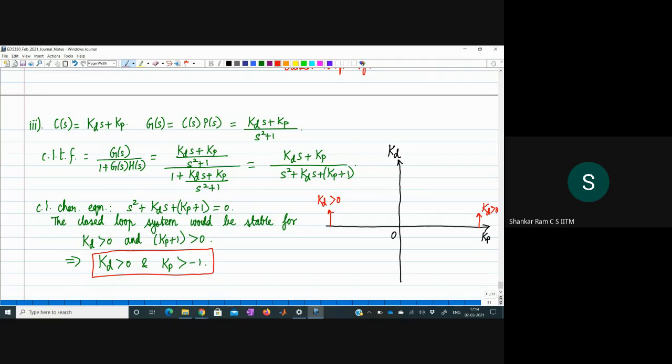If we are looking at KP greater than -1, we draw a vertical line at KP equal to -1, and this region is KP greater than -1. The feasible region, which is the intersection of these two regions, will be this. So this is the controller parameter space.